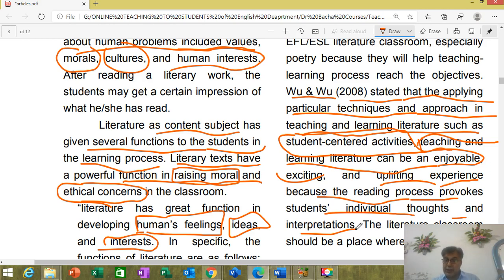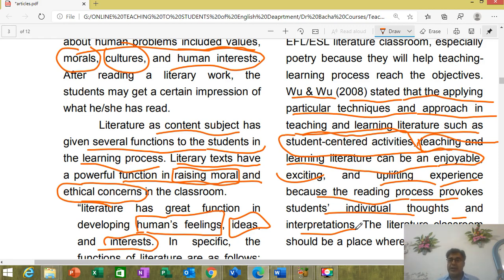Such student-centric teaching and learning can be an enjoyable, exciting, and uplifting experience. Because, as I explained in the last lecture, when you are given a text which is interesting, it has an uplifting influence on you, and it gives you that uplifting experience as well.